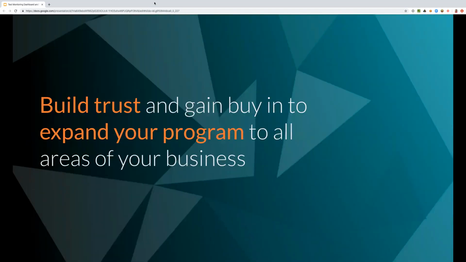Again, having this visibility into your process and really outlining just how much rigor went into your test design and the running of your test and the monitoring of your test helps build the trust in your program and your results. And it helps people buy into your entire program, which will help you expand your program to other stakeholders.